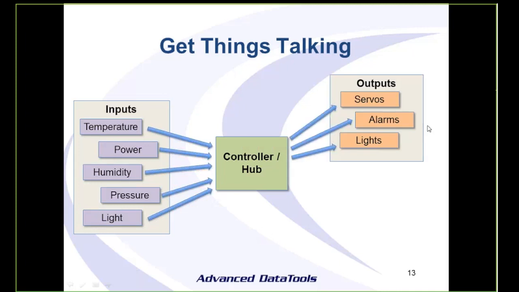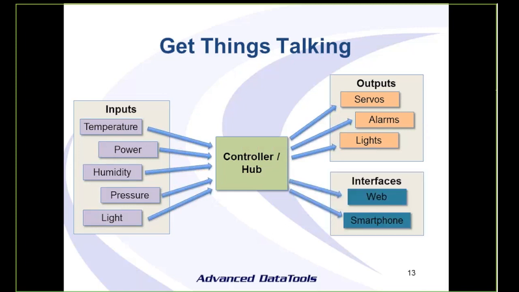From there, you can perhaps turn on an alarm or turn on the lights or turn on anything. You can actually make more informed decisions. You can take an action based on that sensor data. You can also push the information out to the web, out to the cloud where you can view it on a smartphone, and you can run local analytics. Okay, so that's a little framework there.